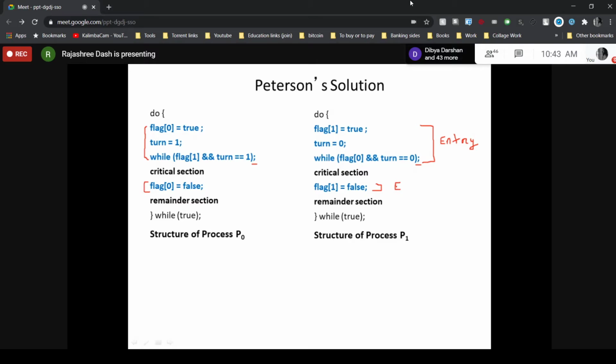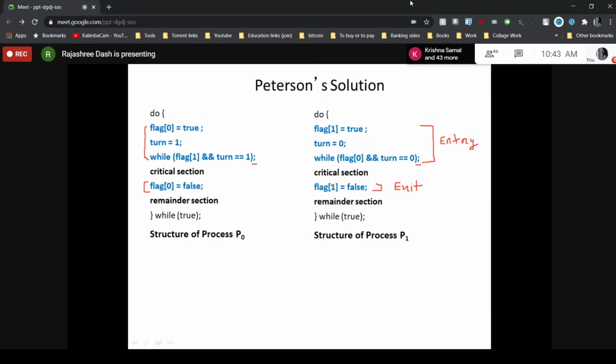If any one condition is false, then only P1 can enter the critical section. And after completing the critical section, it will move to the exit section where it will simply make flag 1 false. Initially it made flag 1 true, now it will make flag 1 false.